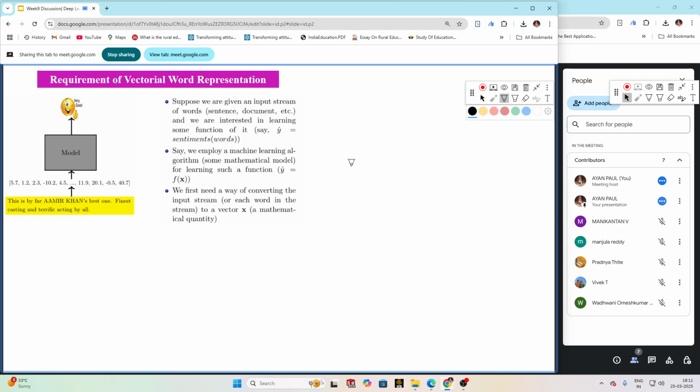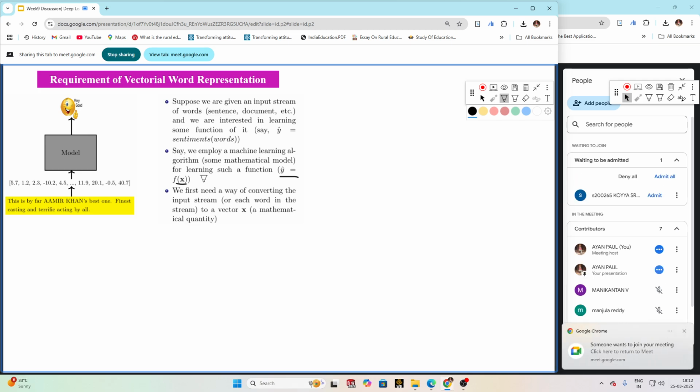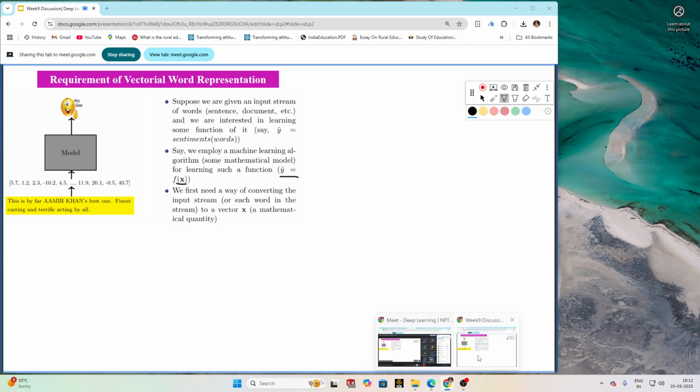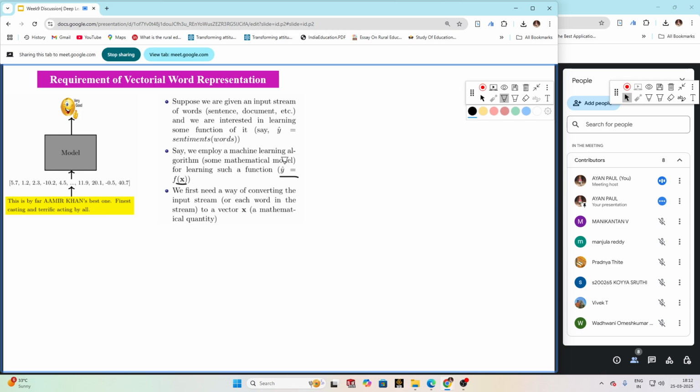So what if we want to just rate the movie? What we want to do is have a mathematical relationship. In any neural network or machine learning, any type of learning, you will always want to establish a mathematical relationship between the input and the output.